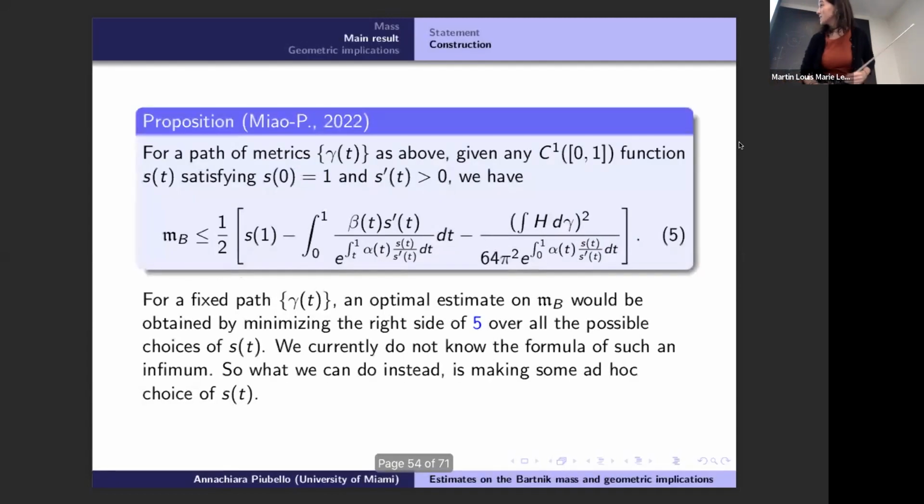But alpha s over s prime is exactly the derivative of this exponential function. So basically, when we consider that ODE, if we have a solution of it that is s of t, then this integral here will just be the derivative of this exponential function, right? Because the top will be the same as this exponent. And so we can integrate it.